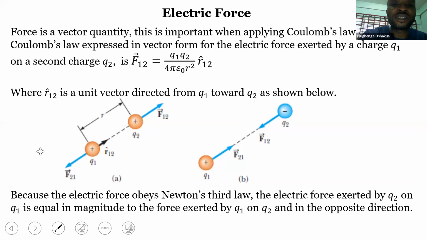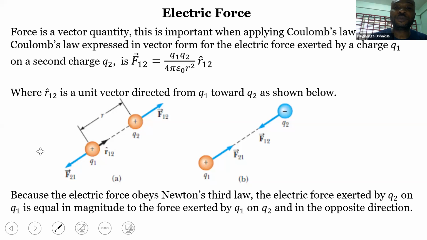Q2 will attract this in a straight line in this direction with a force called F21. It's attractive because they are opposite charges, and the force is regarded as F21.